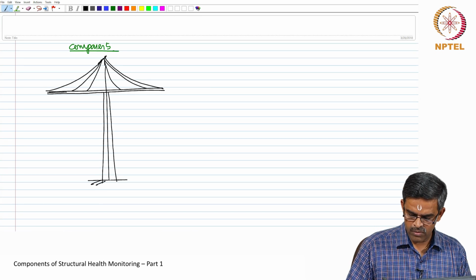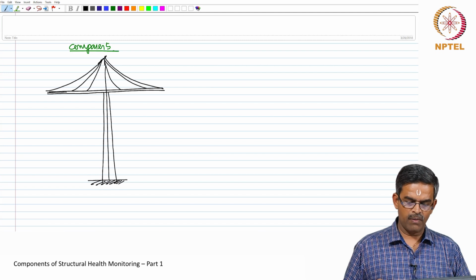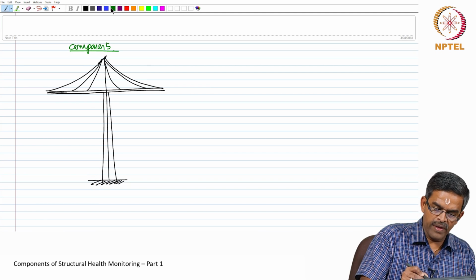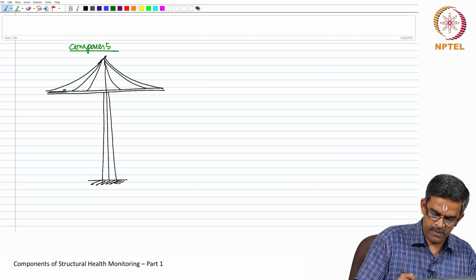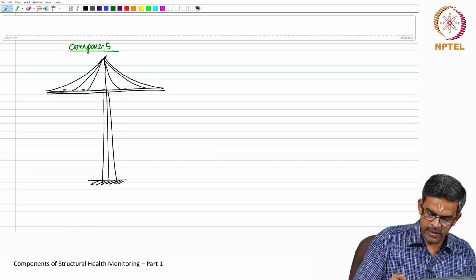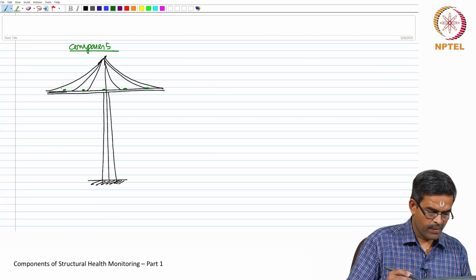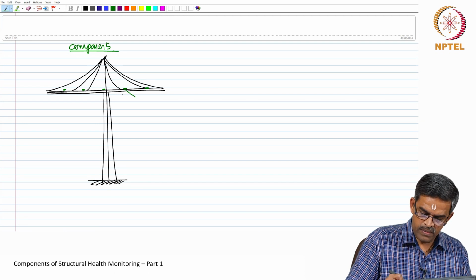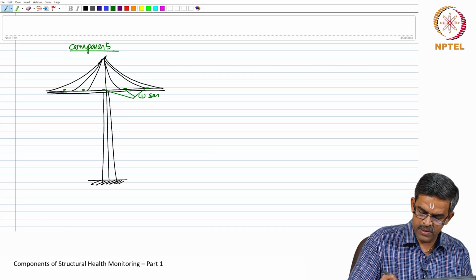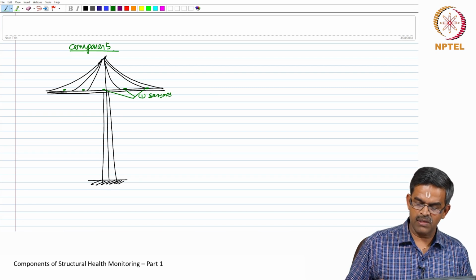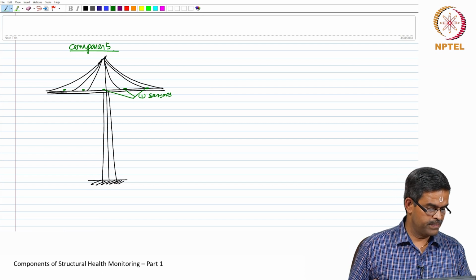Which will be found at the river bed. There will be varieties of sensors placed on the deck of the bridge. So, all these are the first level components of the health monitoring system, which are sensors.